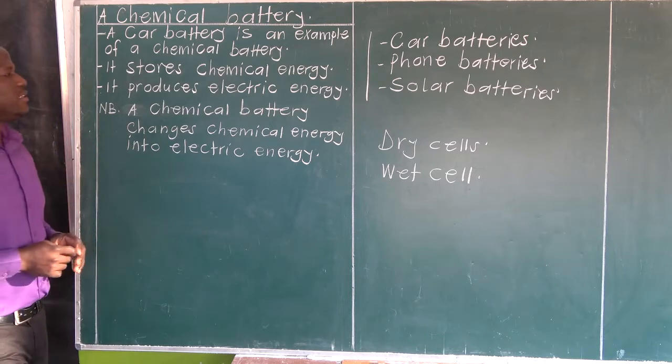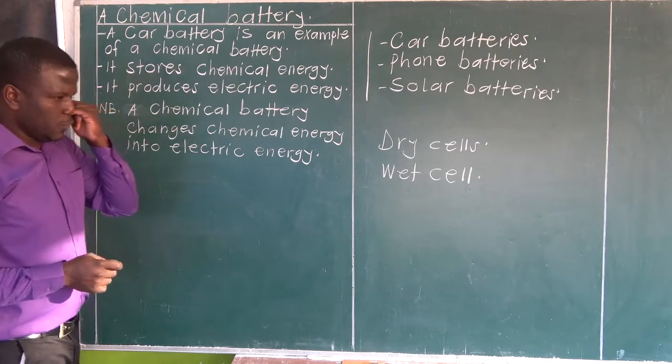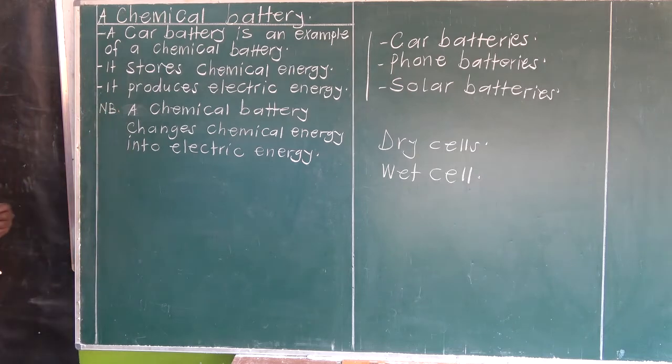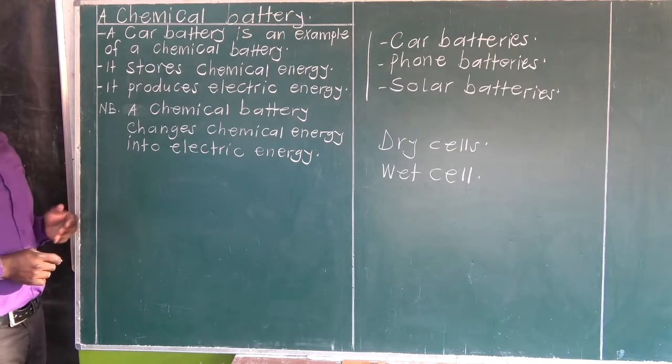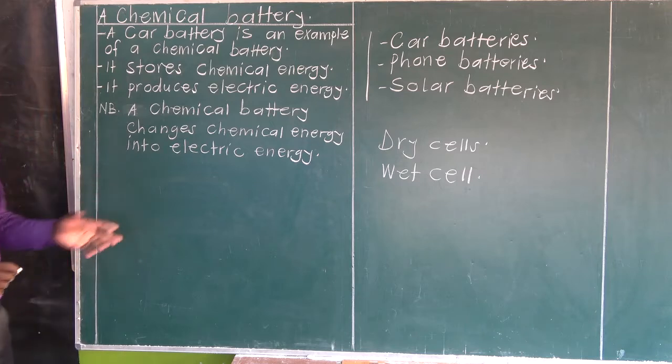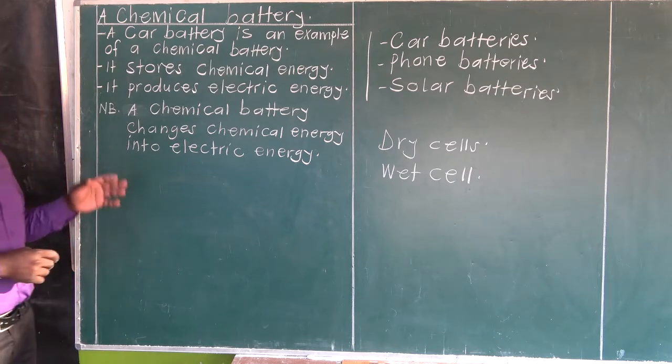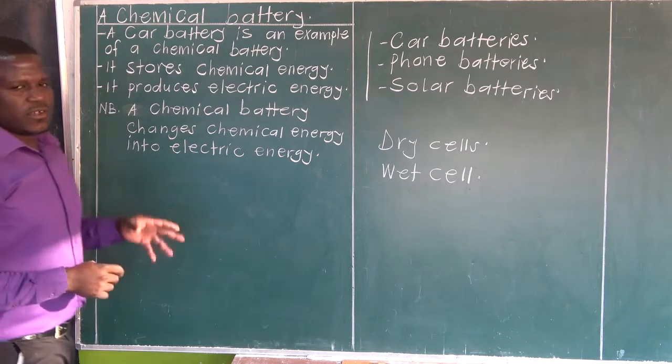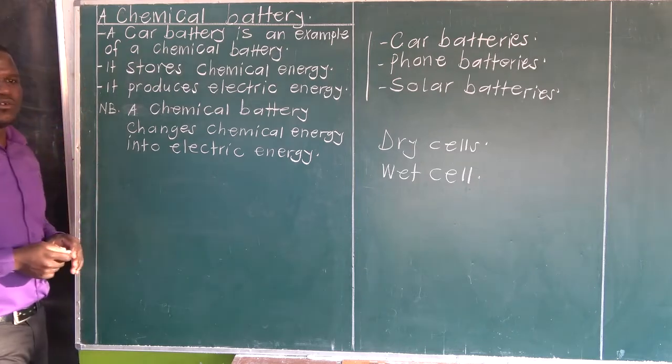But the moment it is put into use, the moment you connect it to an electric appliance, like a TV, a radio, a bulb, and so on, all those are electric appliances. Electric appliances are devices that use electricity.